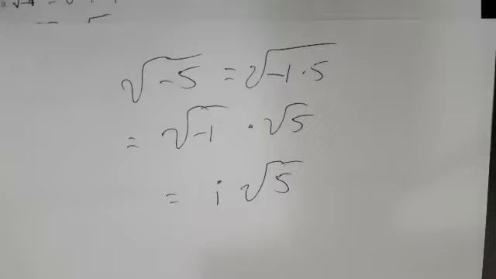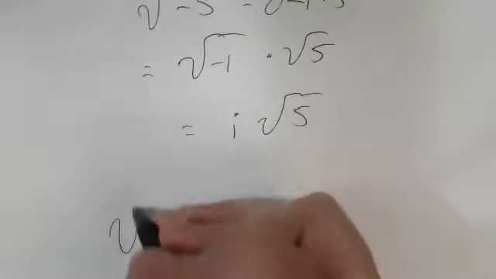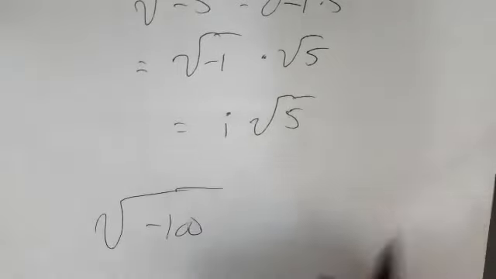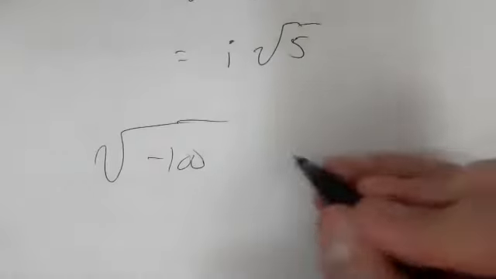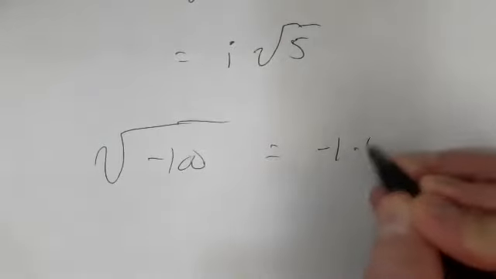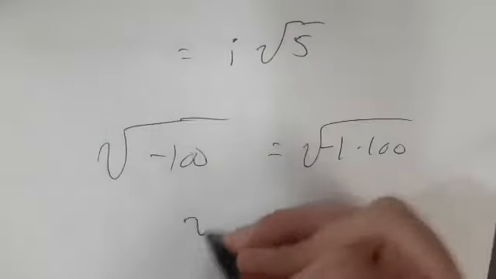But we want to now do the square root of a minus 100. Same thing. I see a minus 100. That's a minus 1 times 100. I'm going to pick out that i.